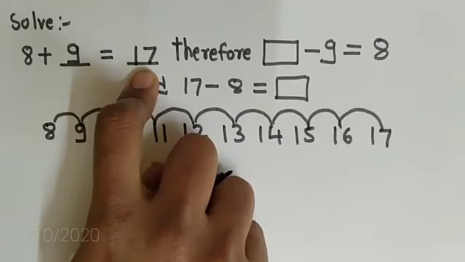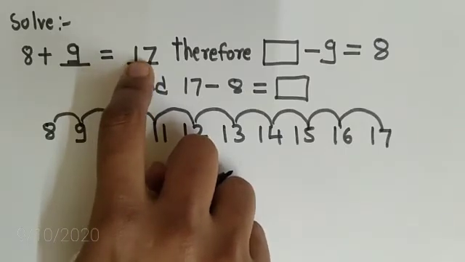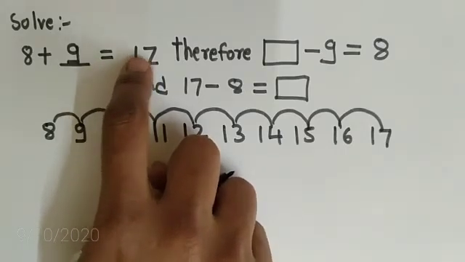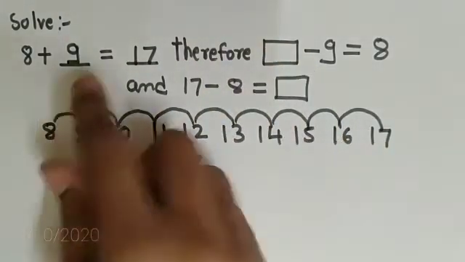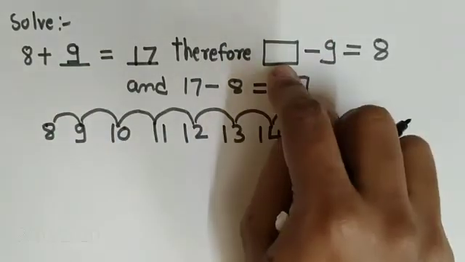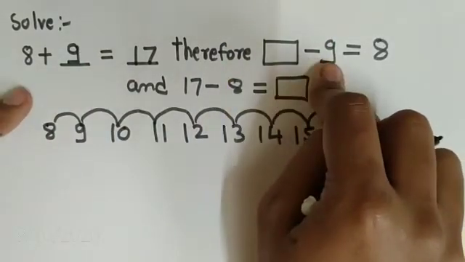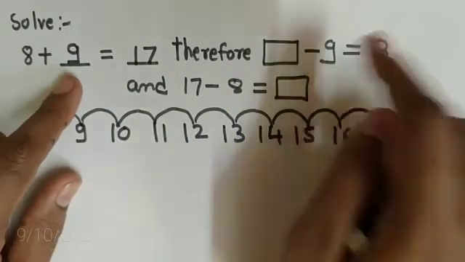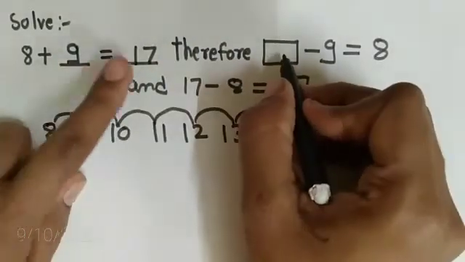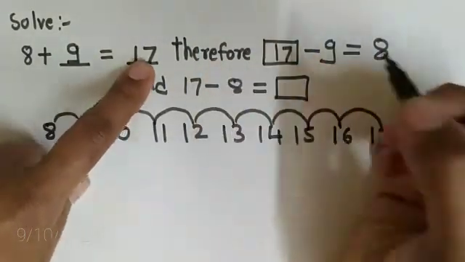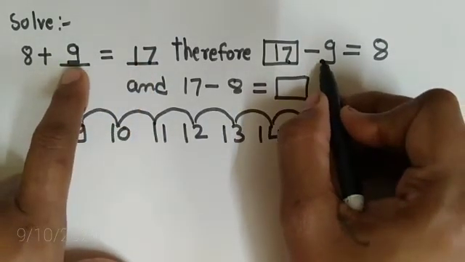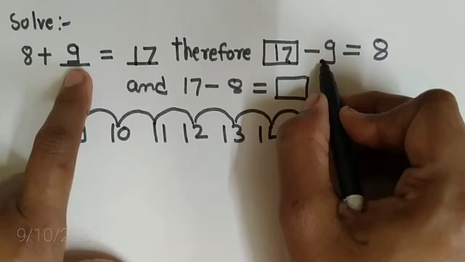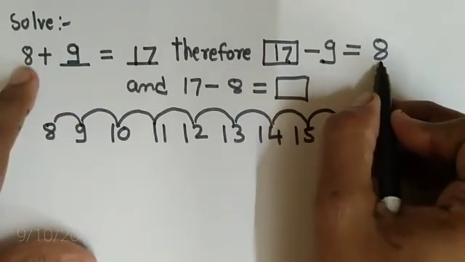Or you can do it with subtraction also. Now we will take out the subtraction example from the addition equation. Here we have dash minus 9. So what will come, children, here? Yes, the total 17. 17 minus 9 means we are taking the other number. Then what you will get, children?